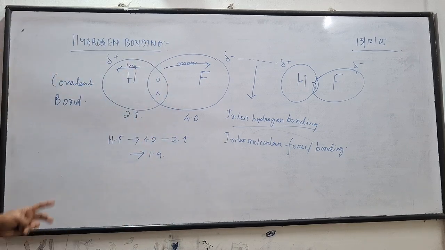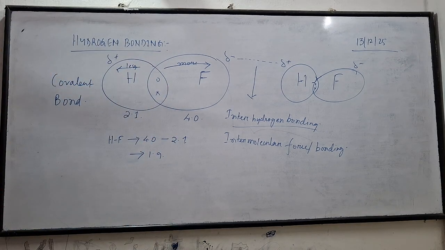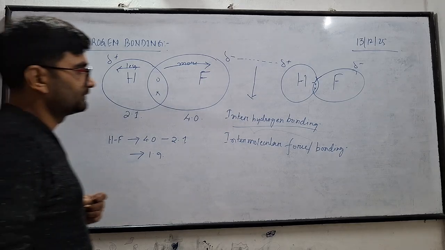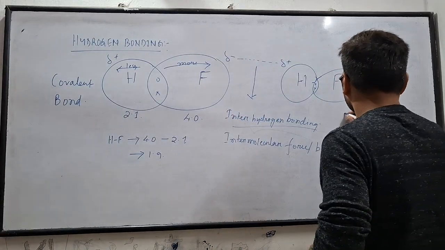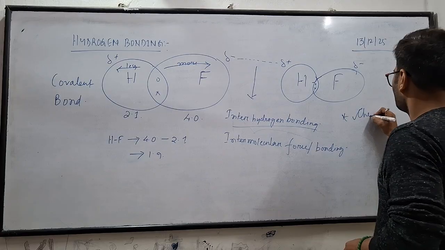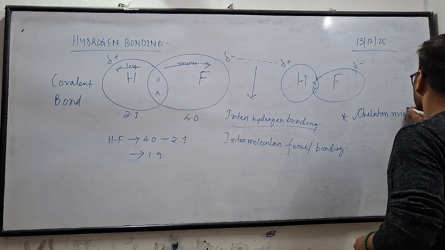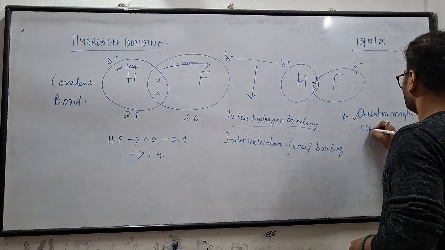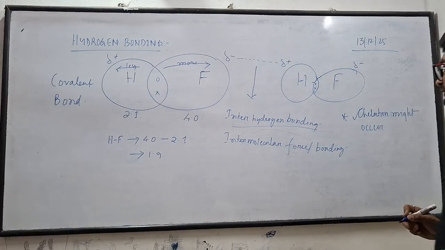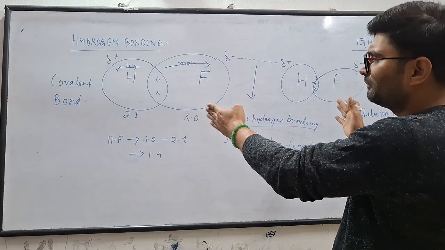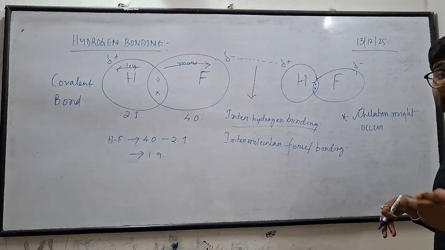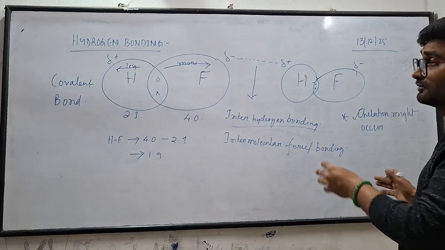Here, two, three properties can be said. Here, first point, chelation might occur. Since it may form, but it's not sure whether it is going to form a ring.